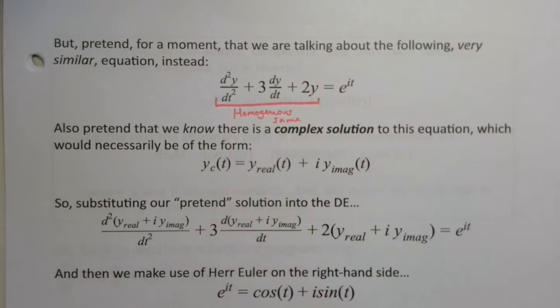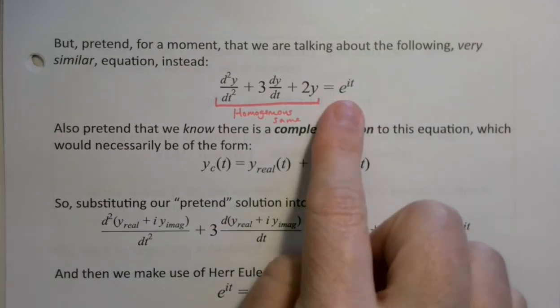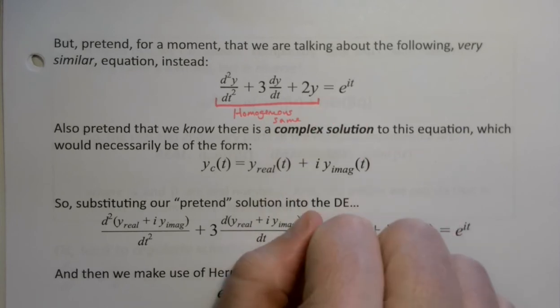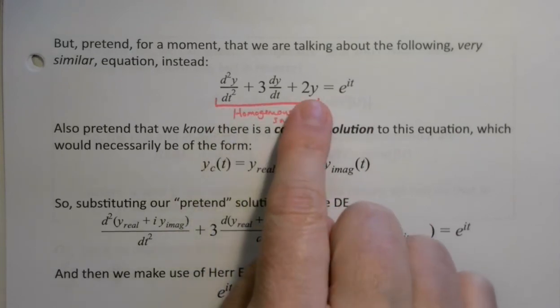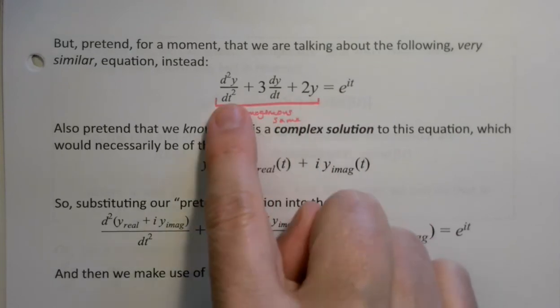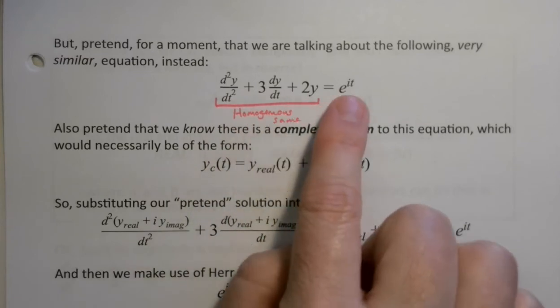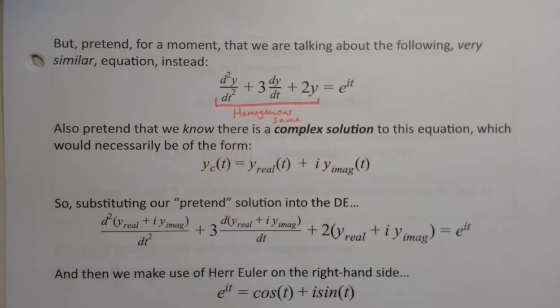But the forcing function is now a little different, something that should look kind of familiar to us, e to the it. Well, that is definitely a complex situation, and that means that the solution, whatever I plug in for y, its derivative and its second derivative, all of this has to sum up to a complex solution.